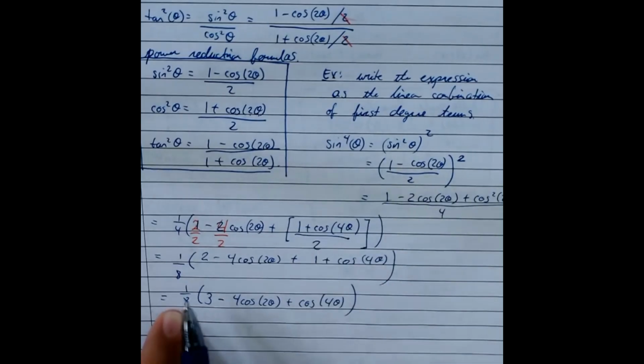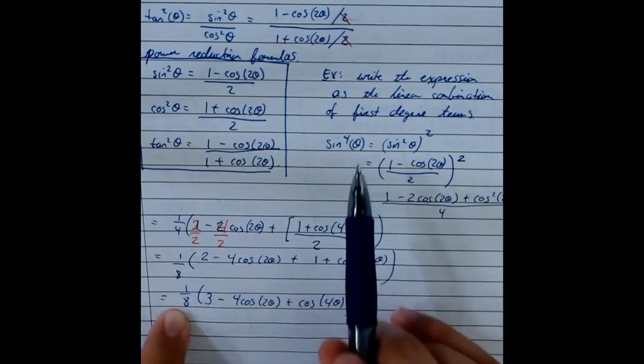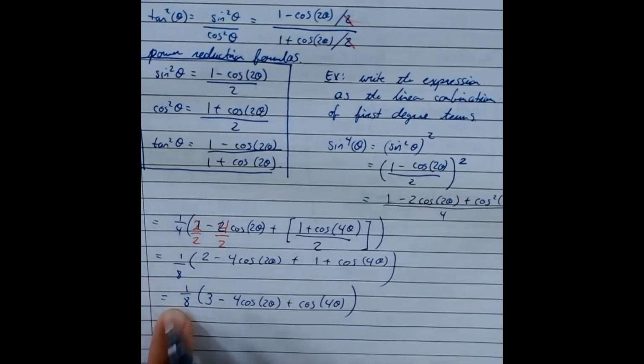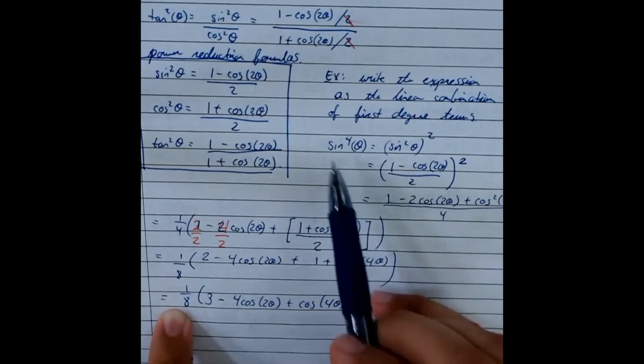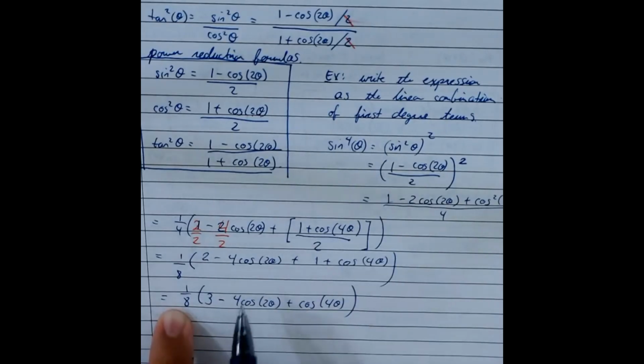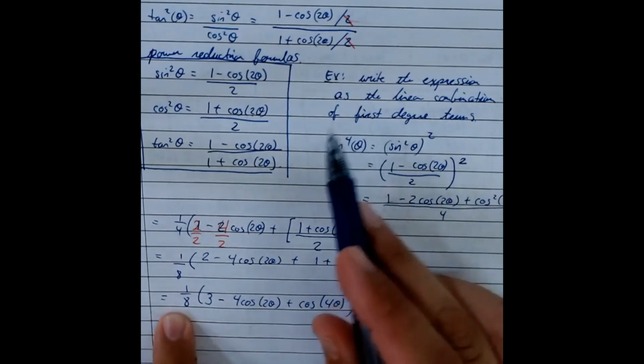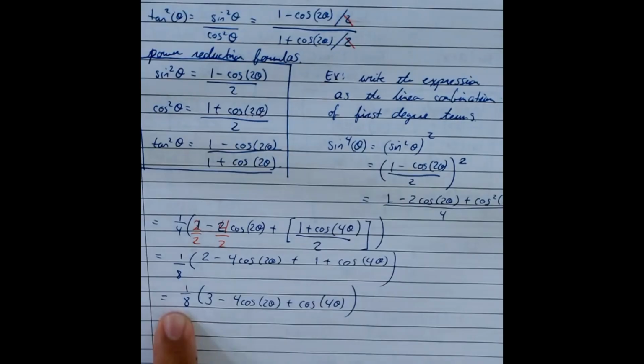This is just a single term, whereas this has 3 terms multiplied by a 1/8. But in later courses, we would rather have many terms of power 1 than to have one term with a bigger power. For many of our instances, this will be easier to handle. So this is an expression of this all in linear terms of sine and cosine.